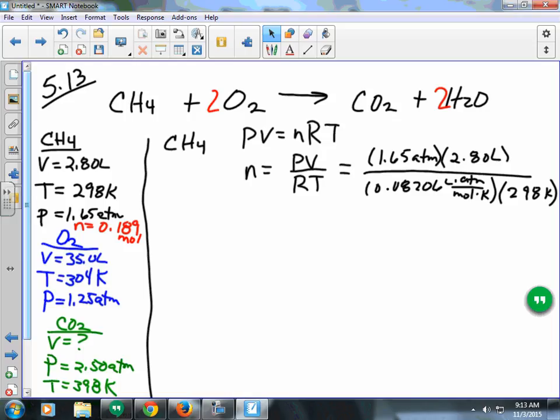It's the product of the numerator divided by the product of the denominator. So would it be 3 sig figs? Yeah, 3 sig figs. Now do the same thing for oxygen and get how many moles of oxygen there are.